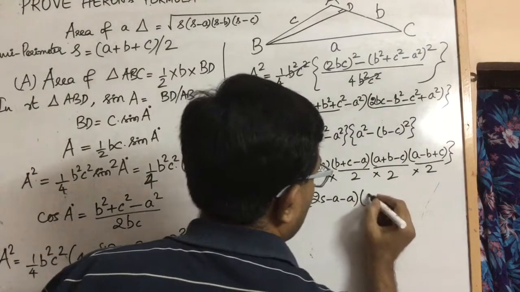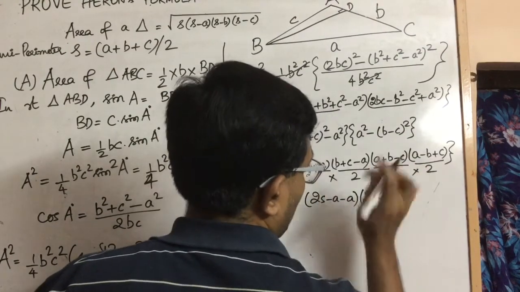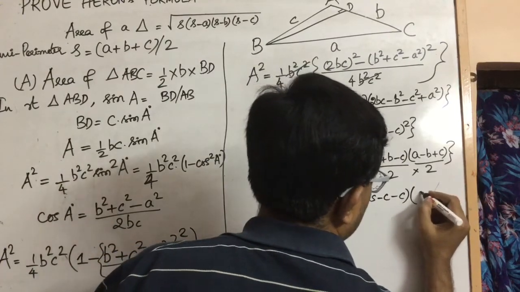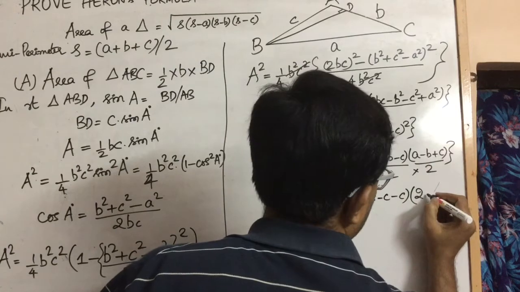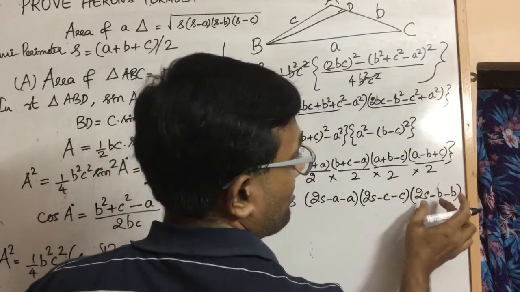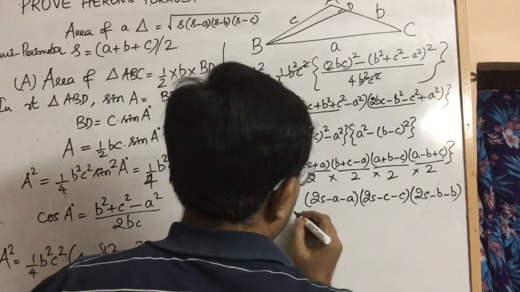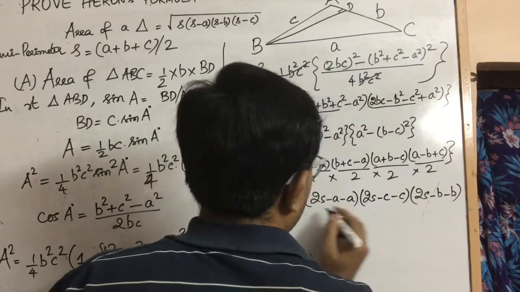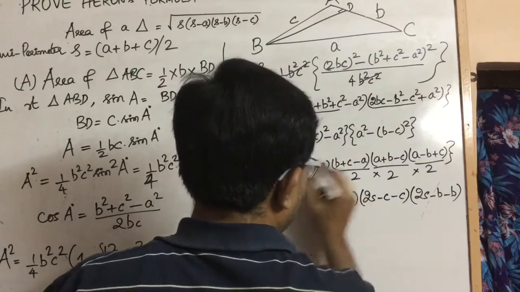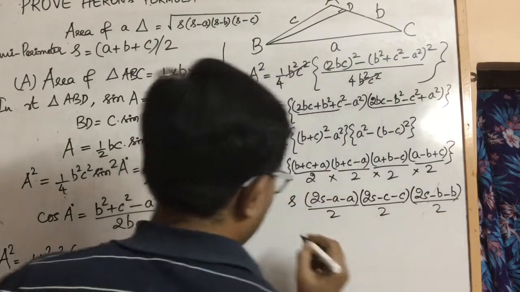Similarly, we could prove that this is twice S minus C, that is A plus B minus C, and we could prove this expression as twice S minus B, because A plus C is going to be twice S minus B. This is S, and then we have divided by 2 here, divided by 2 here, and divided by 2 here.